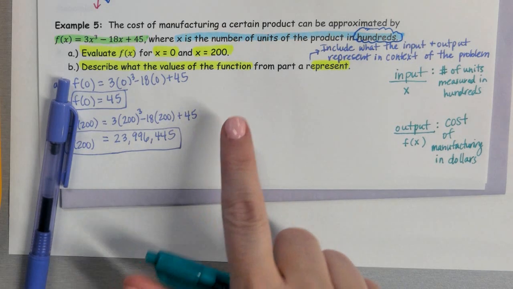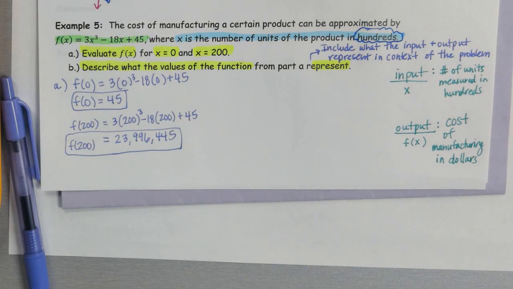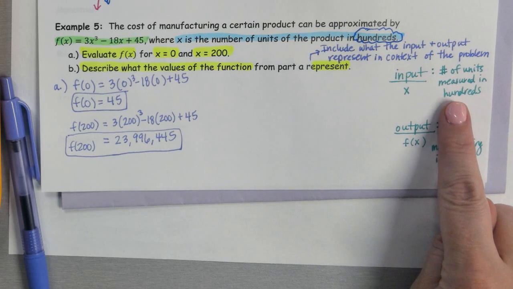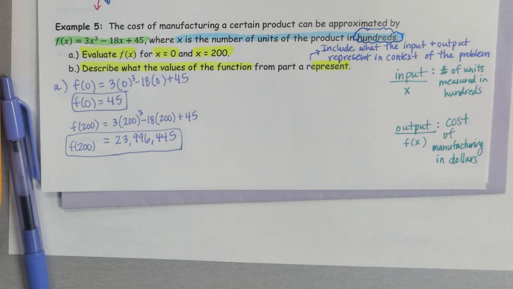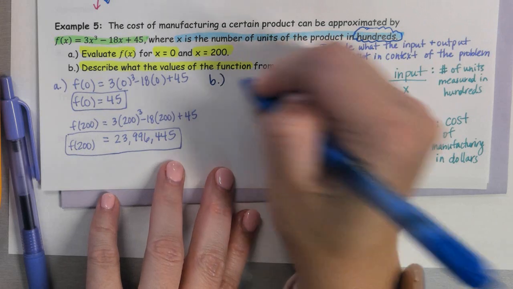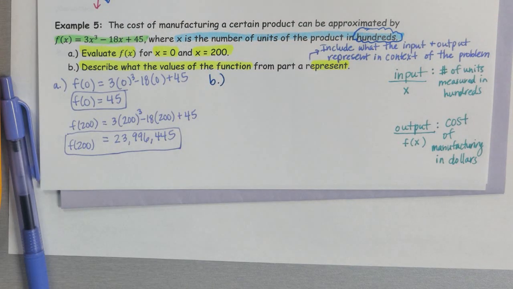Okay, so now we're ready to talk about what f of 0 equals 45 represents. If it's f of 0, the input is 0, that means how many units am I manufacturing? None. So this f of 0 would be the what? In physics, they talk a lot about the initial value, like the initial velocity.